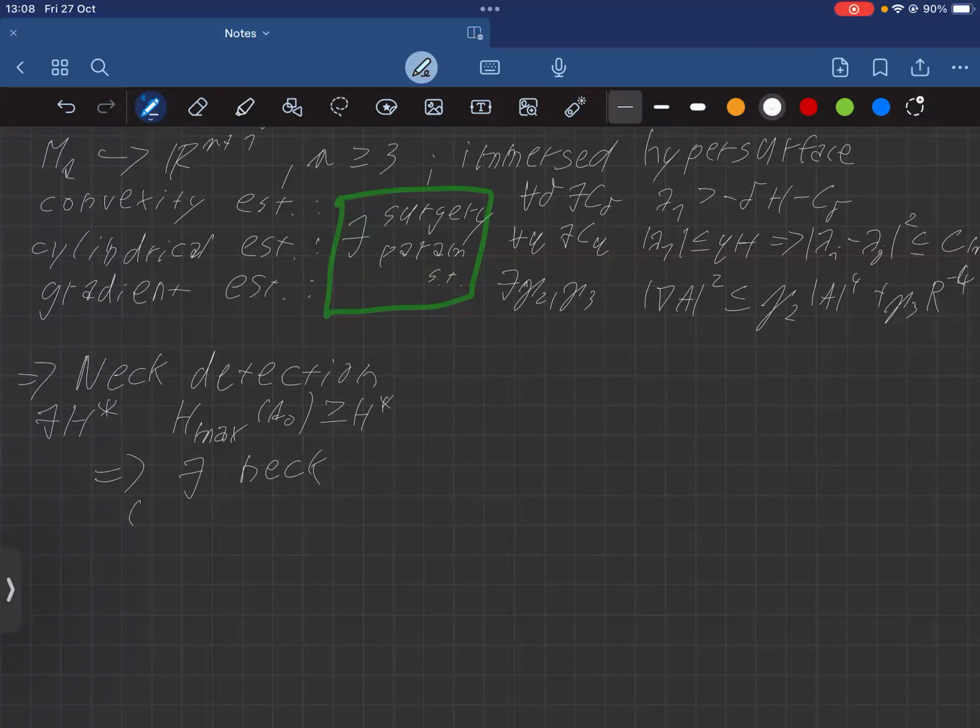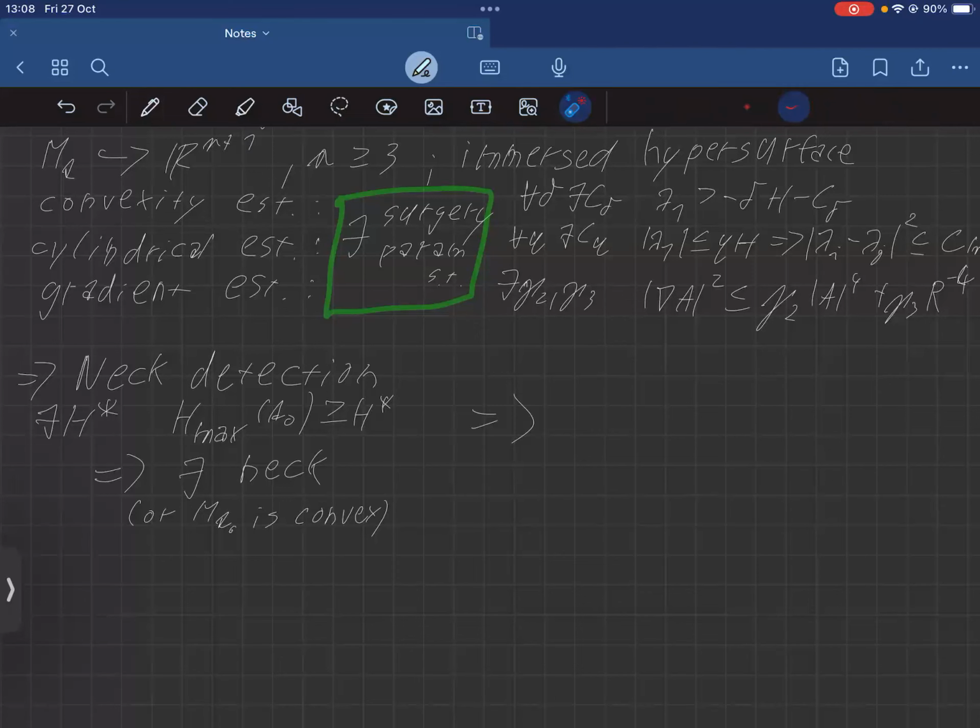Maybe just remark, or M_t0 is convex. If our surface is convex, then there is no neck, but the surface is convex, and there are not any problems, because we know that mean curvature flow deals with convex surfaces pretty nicely.